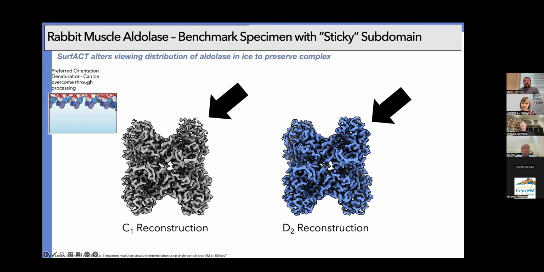And I think there is also a Dynactin paper from 2016 from Andrew Carter's group where they saw the same thing, where they had to basically tune the viewing distribution to reconstruct. Otherwise, it was, quote unquote, pathologically preferred.